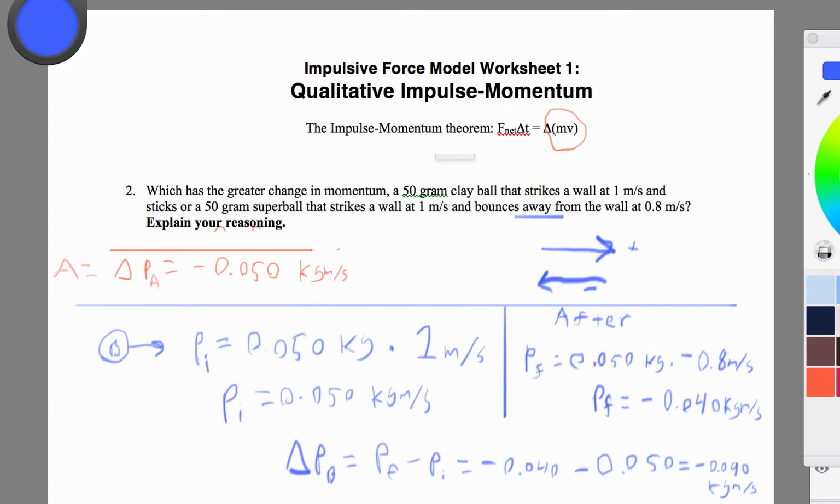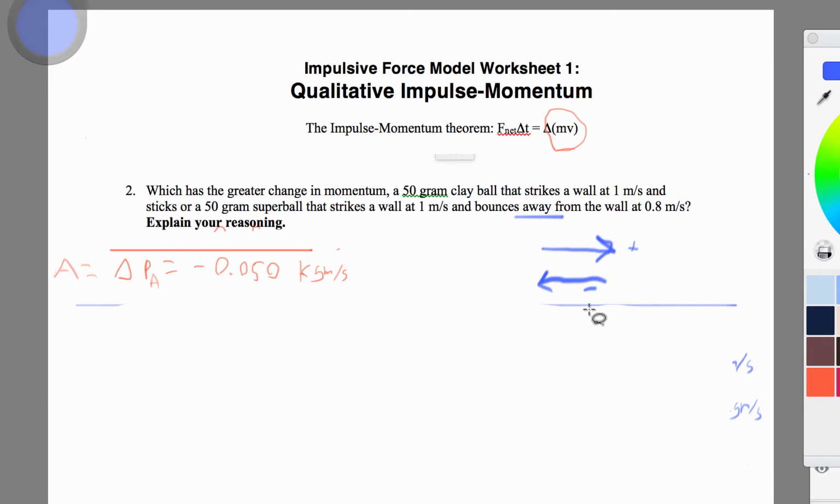So what does that all mean? This time I will try to lasso this properly. Delete all that. Good enough. So for particle B, the change in momentum was negative 0.090 kilogram meters per second.